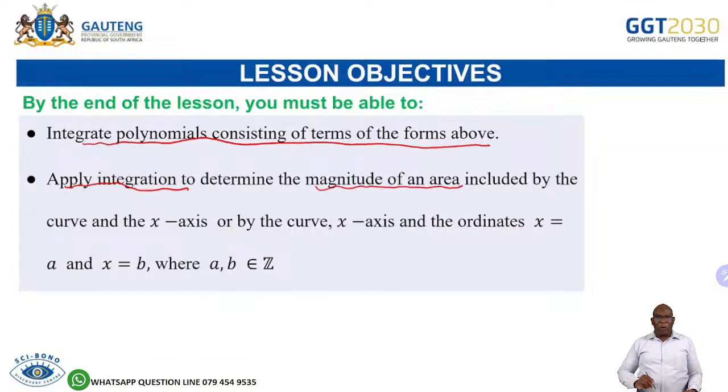So remember, when you have an area which is included by the curve and also the x-axis, or by the curve, the x-axis and those coordinates, the coordinate x equals a and the other coordinate x equals b, and the a and the b must be an element of integer. So in other words, we're going to be looking at the area which is formed between the curve and the x coordinates there.